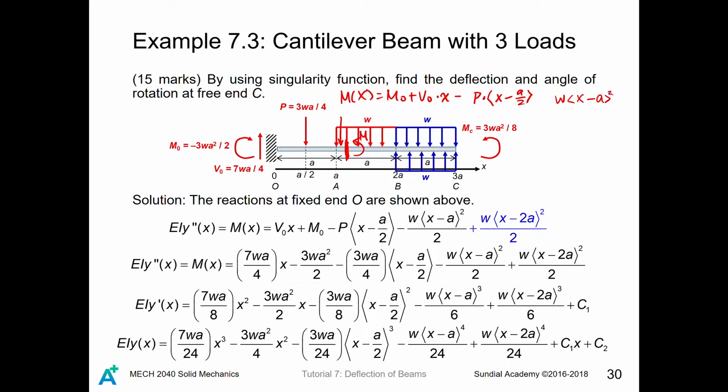So we can write in this term. And also, for this distributed load, it will generate a counterclockwise moment. So similarly, we will add a minus sign in front of it. Okay, so the equation now will become minus W x minus A squared divided by 2.